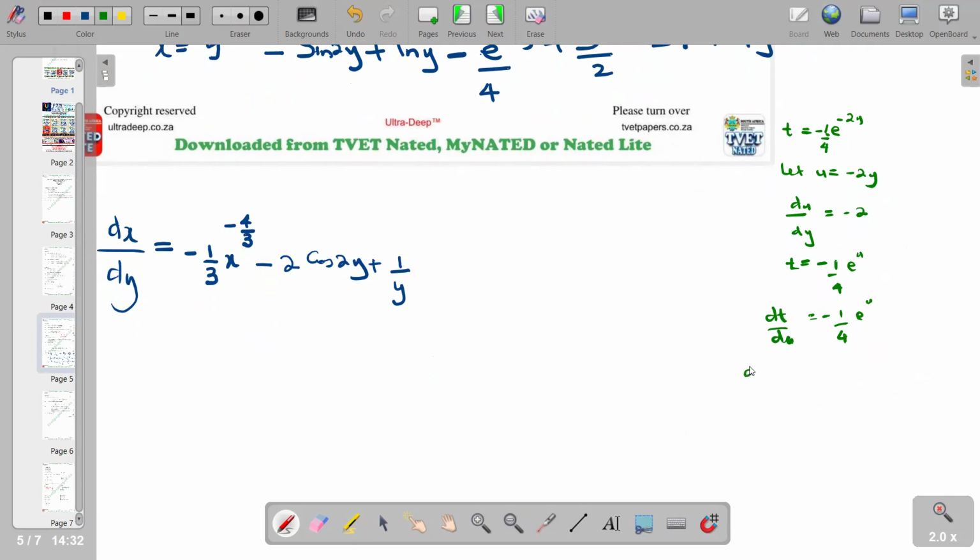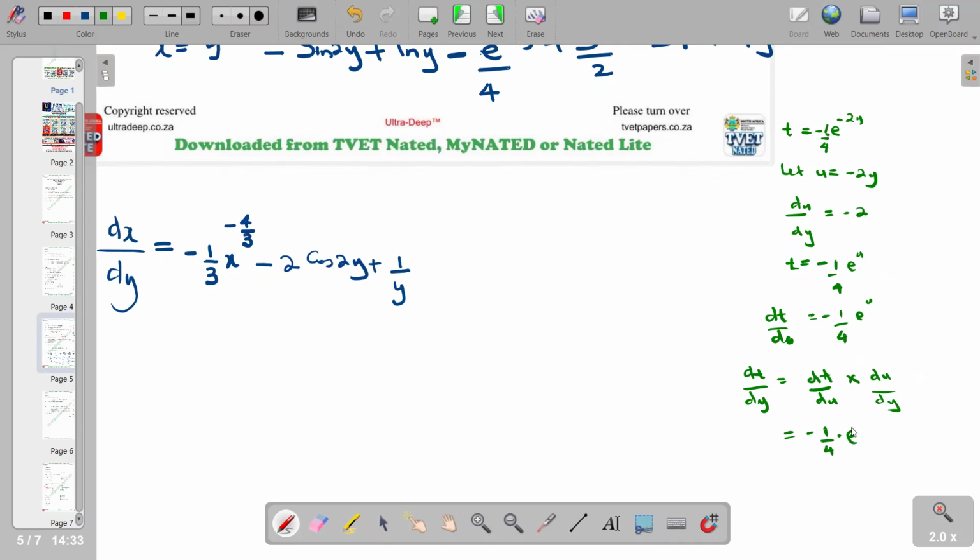So it will mean that dt/dy will be equal to dt/du multiplied by du/dy. So this is going to give us a negative 1 over 4 multiplied by e to the power u, but the u is what?